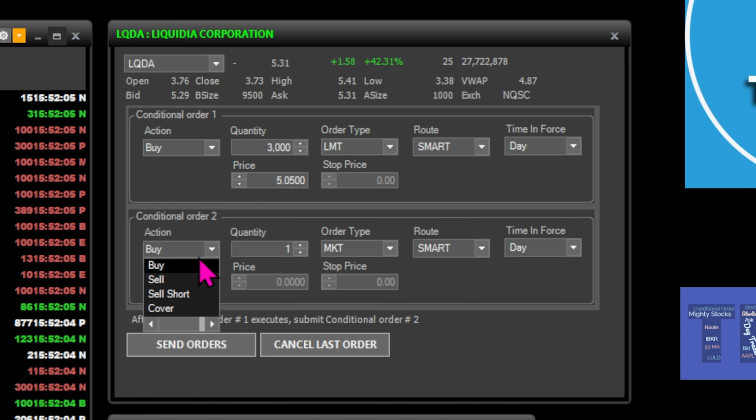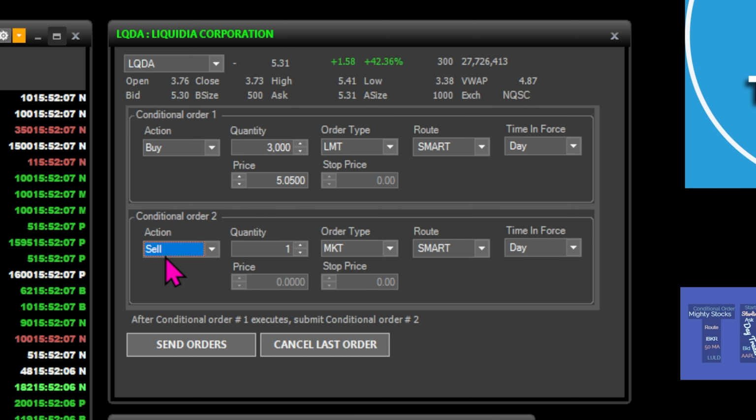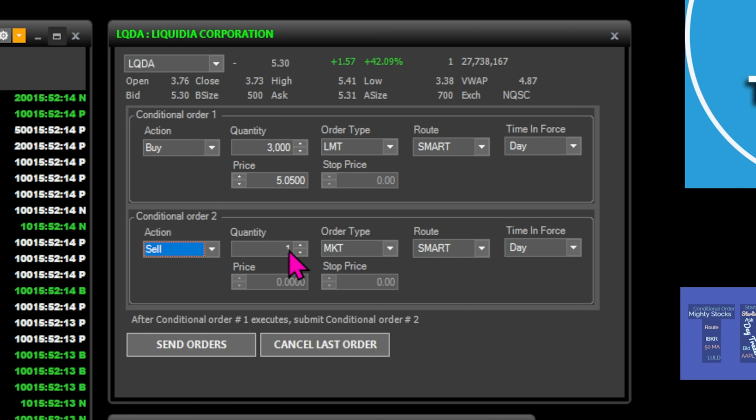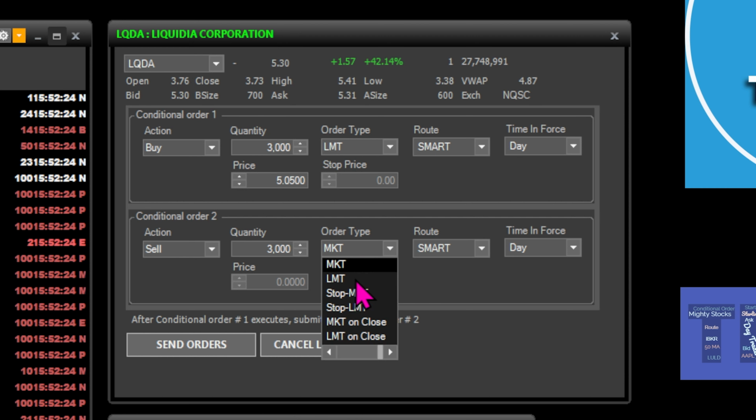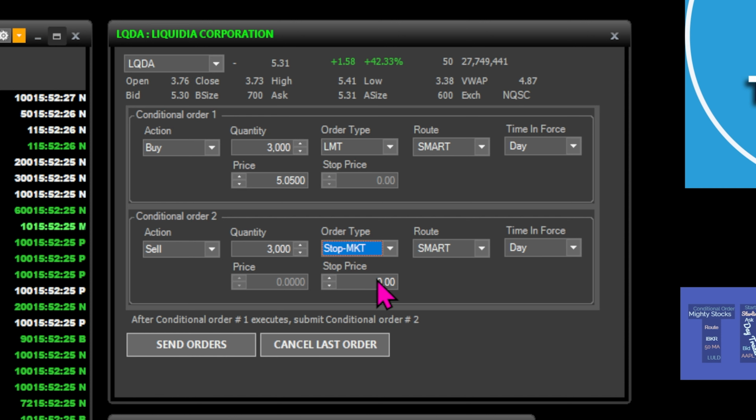A conditional order is essentially saying, hey, if this order executes, I want this order to be placed out there. So a good example of that might be, let's say I want to leave my desk, and I want to be able to put a stop loss in place. I'm going to put the stop price at $4.95.